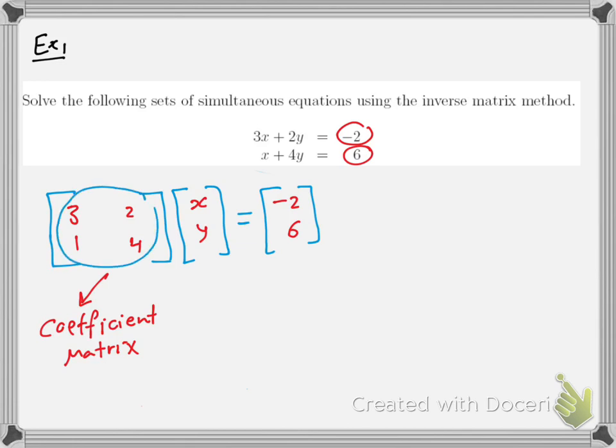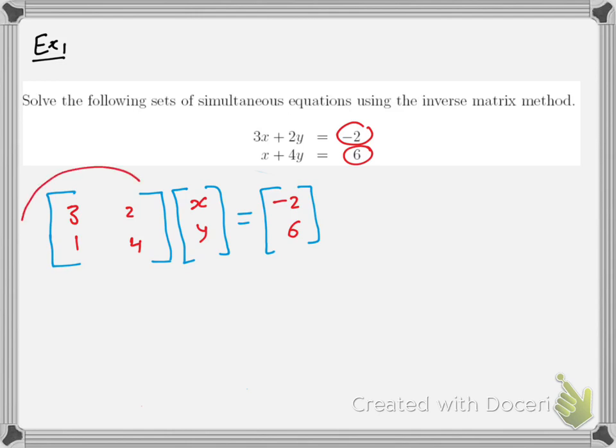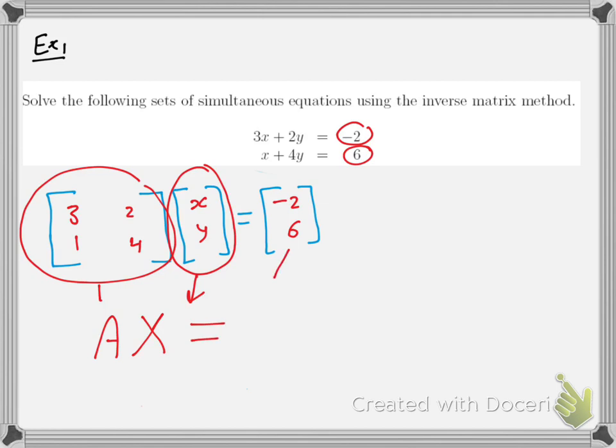The first matrix we usually call the coefficient matrix. The concept of the solution here is very easy. I will call the first matrix capital A, the second matrix, the matrix of unknowns, capital X, and all of that equals the matrix of the right side, which we call the matrix B. From this matrix equation, I would like to obtain the matrix X alone.